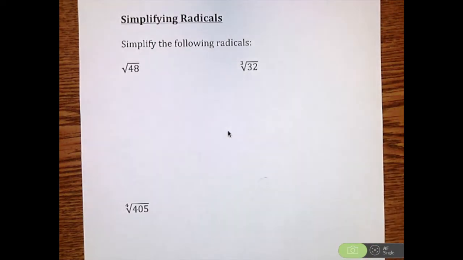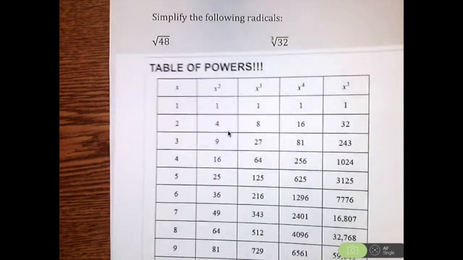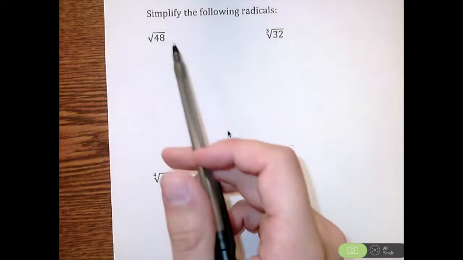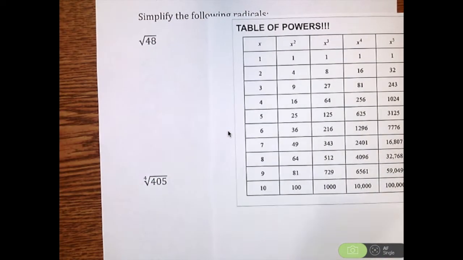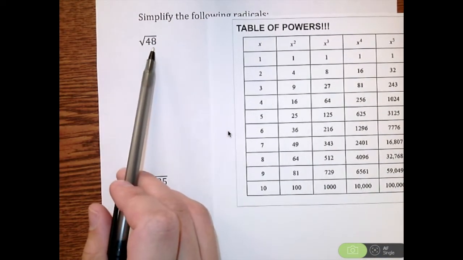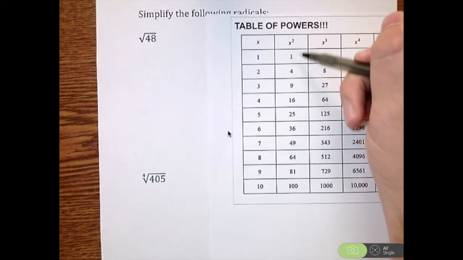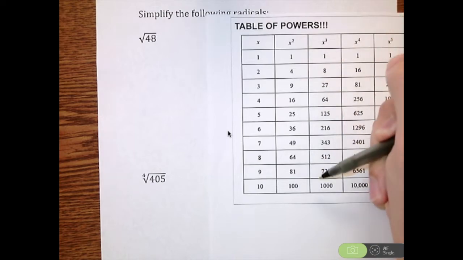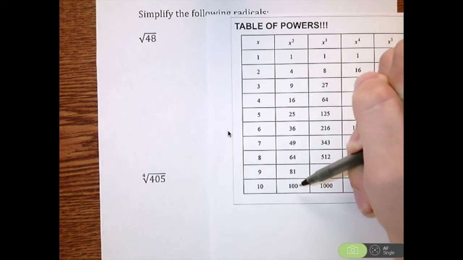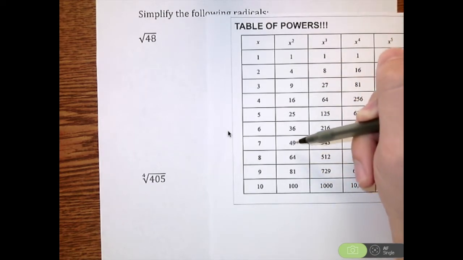The best way to do all this is to work with our table of powers. Since on this first one I'm dealing with the square root of 48, and it's the square root, I'm going to be working in the square column. These are all numbers that we can take the square root of: 100, 81, 64, 49, and so on.